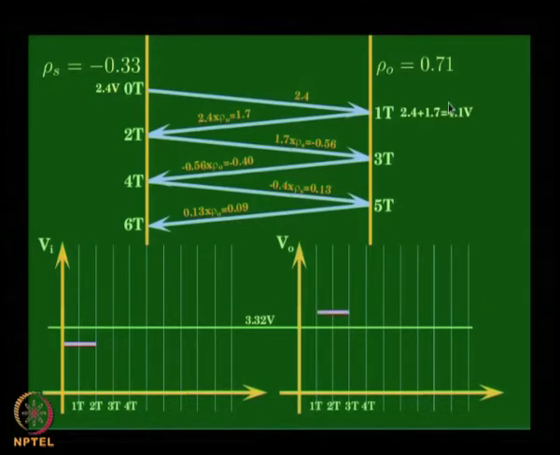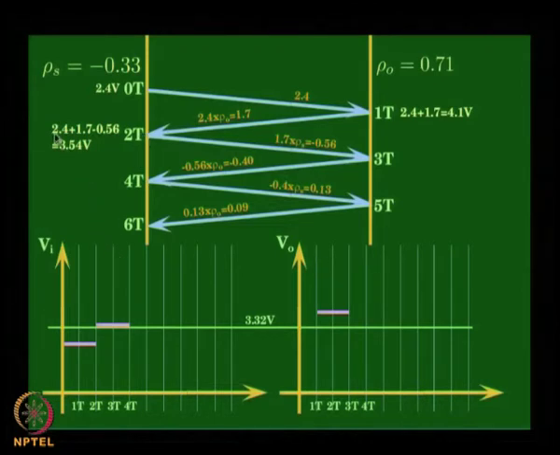So, the value that you will expect to see here is 2.4 plus 1.7, and that is the value that you will see here, which is 4.1 volts. Now, 1.7 volt out of it is traveling here. So, it has reached here after 2 t.